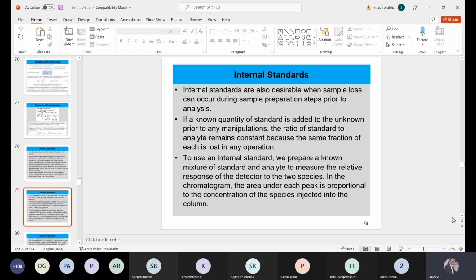So in such cases a standard of known concentration, which is not that same substance but very similar to that same substance, can be added.